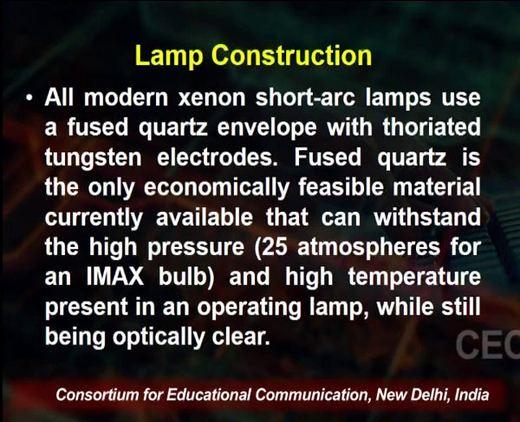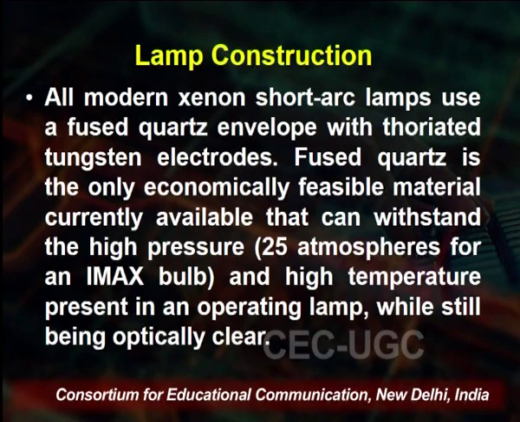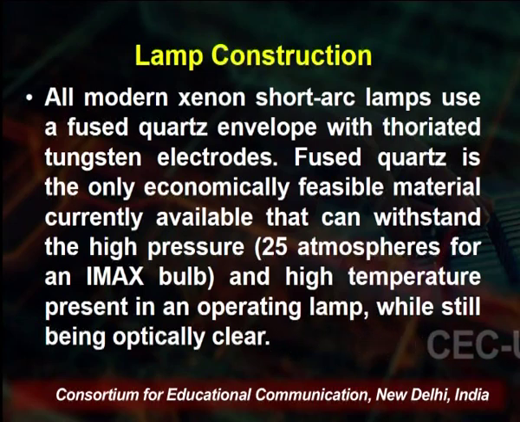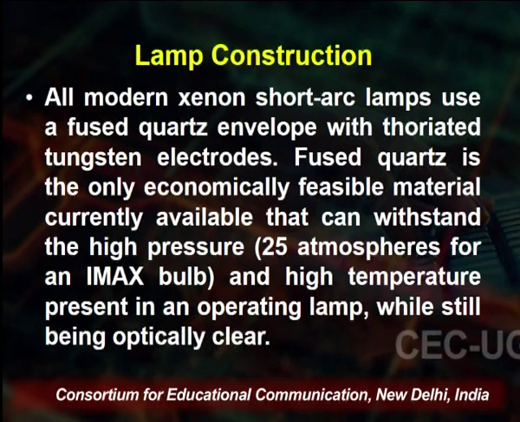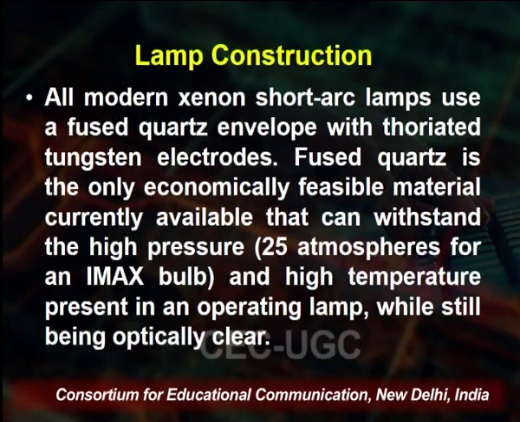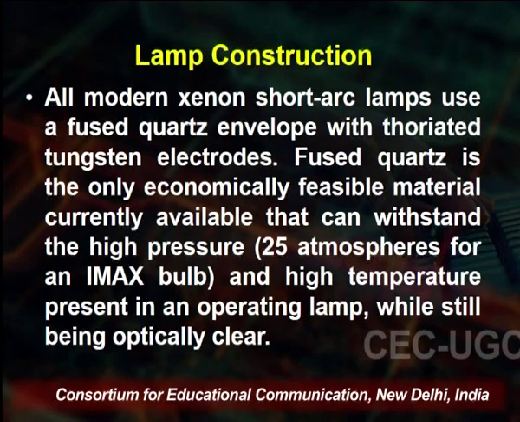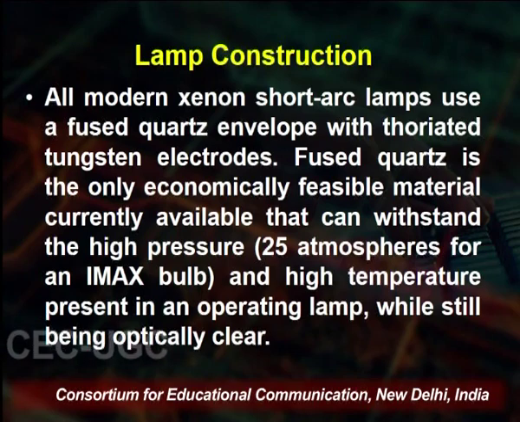What is the construction of this type of lamp? All modern xenon arc lamps use a fused quartz envelope with thoriated tungsten electrodes. Fused quartz is the only economically feasible material currently available that can withstand the high pressure of 25 atmospheres and the high temperature present in the operating lamp while still being optically clear.